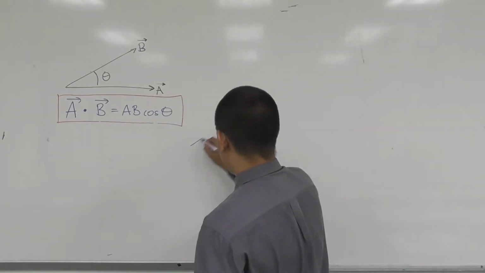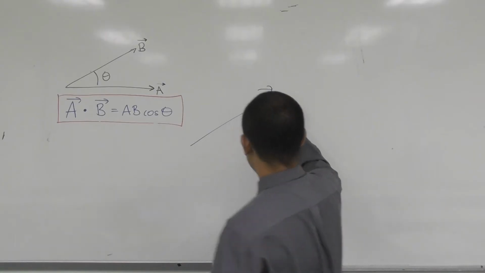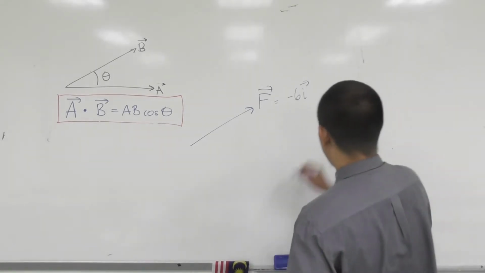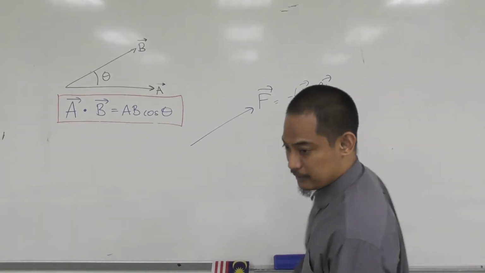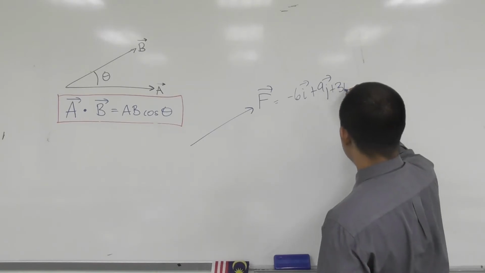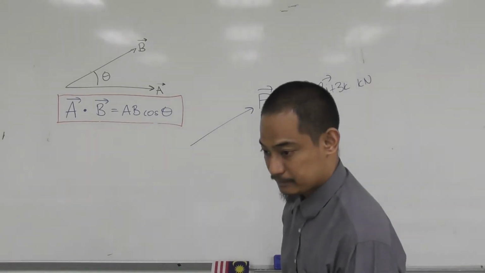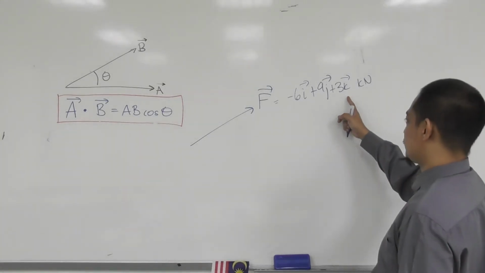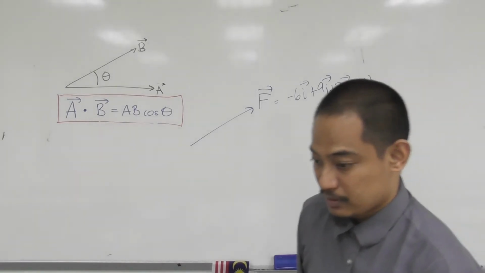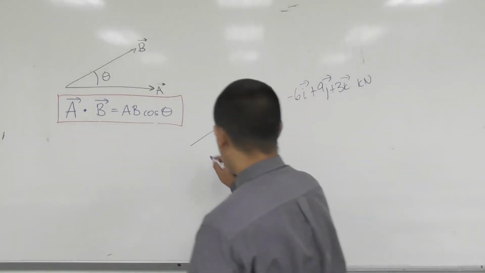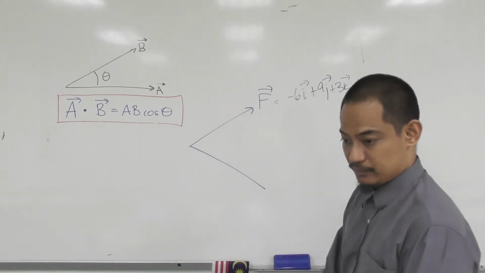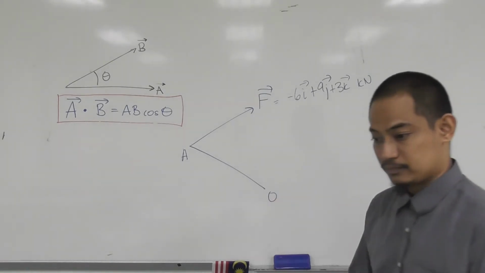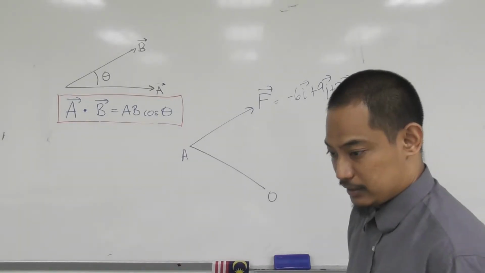One vector is already given, F. This is already given as minus 6i plus 9j plus 3k kilonewton. Obviously this k is the vector, this k is kilo. And then you have another line, the blue line, from A to O. And the theta is between these two.